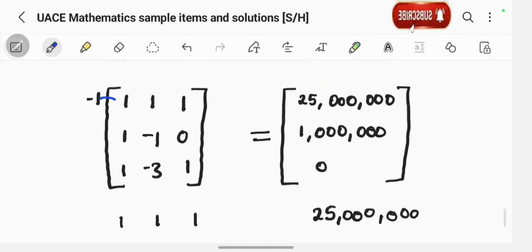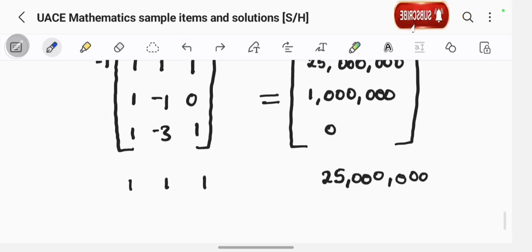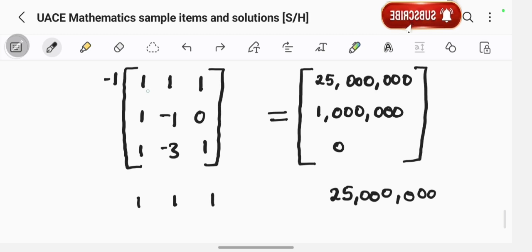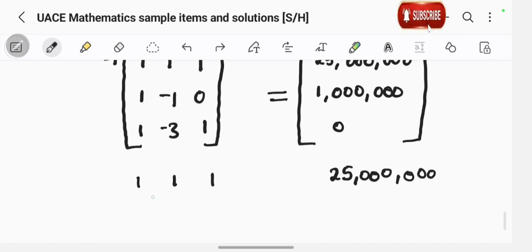I'm multiplying negative 1 times 1, then plus 1. Then negative 1 times 1 plus negative 1. Negative 1 times this plus 0. Like that. So this is what we're going to have. Negative 1 times 1, that's 1 plus 1, it's a 0.